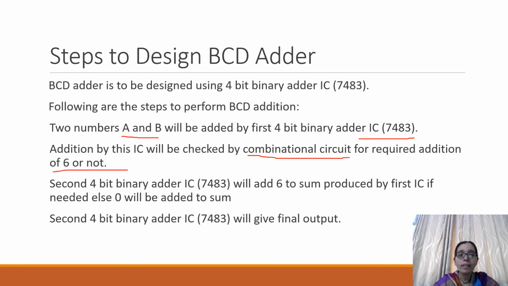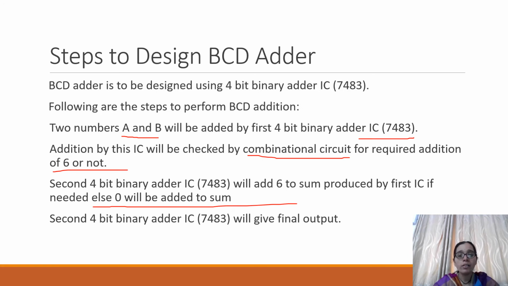So to add 6 or not, second 7483 IC will be needed. Therefore, same is mentioned here. Second 7483 IC will add 6 to the sum produced by first IC if needed, else 0 will be added to sum.